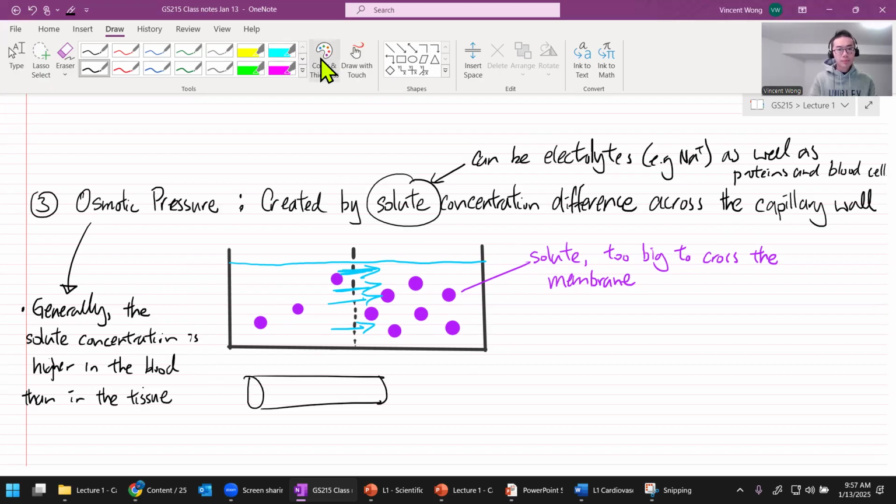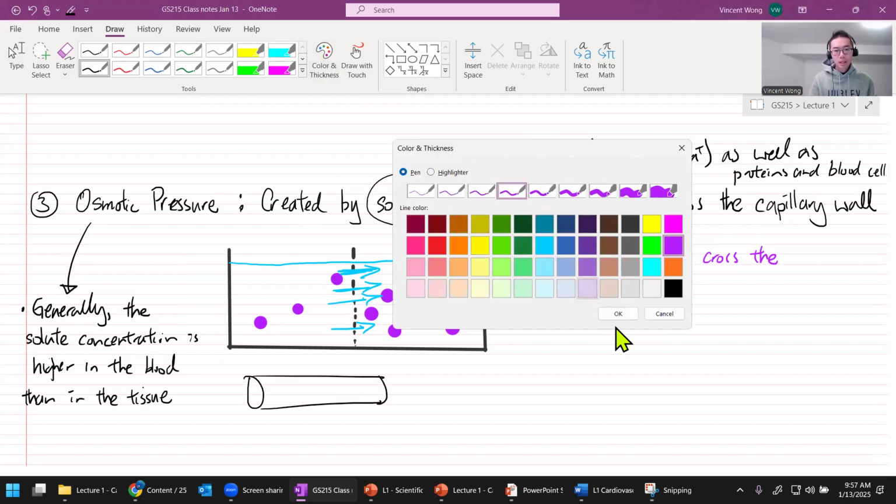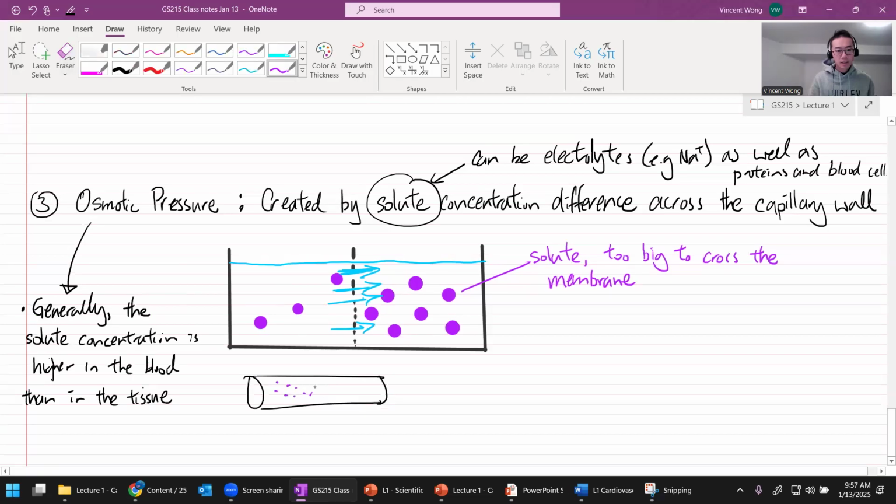Right? So it's like this. On the inside, you have more concentration, higher concentration for the solute compared to the outside.